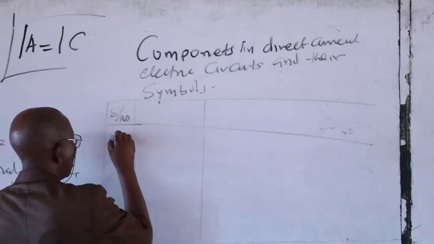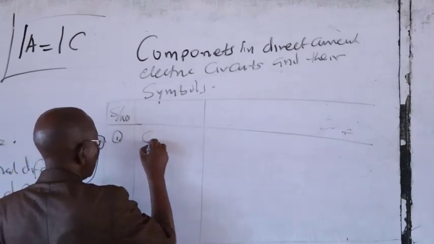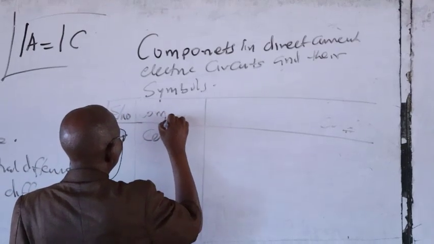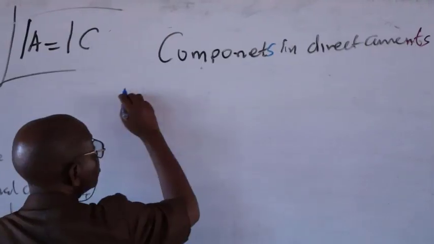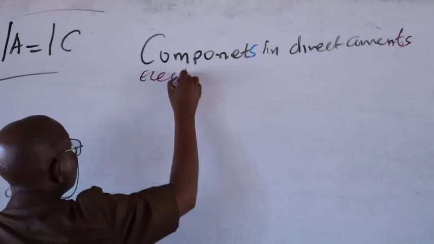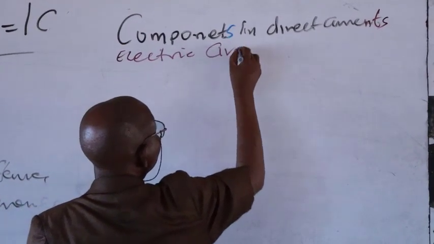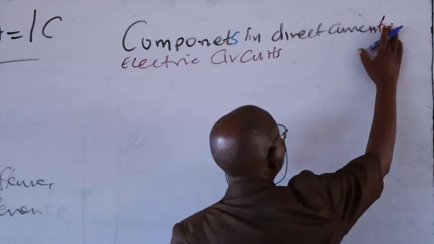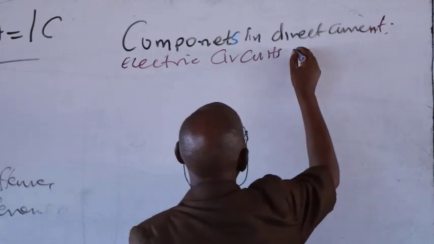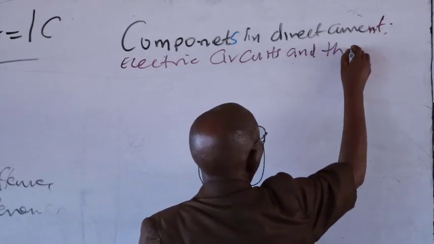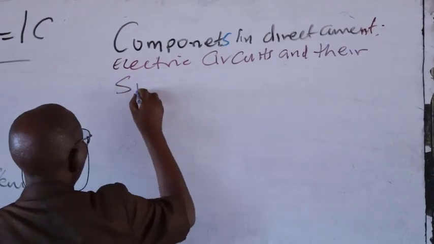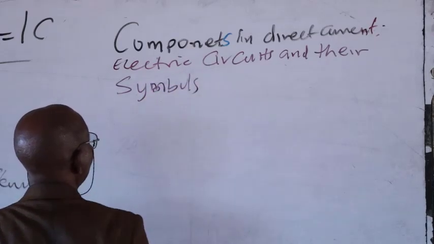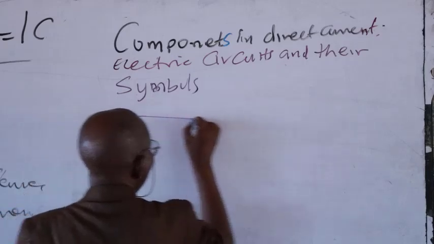Number 1, the first one is cell. Cell. That's components. Direct current electric circuits and their symbols.